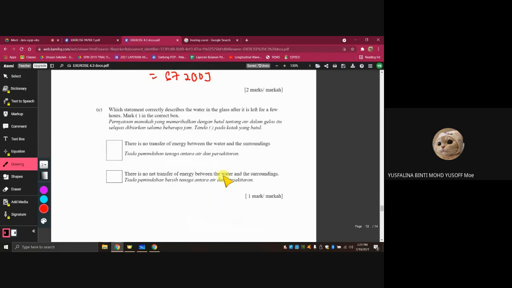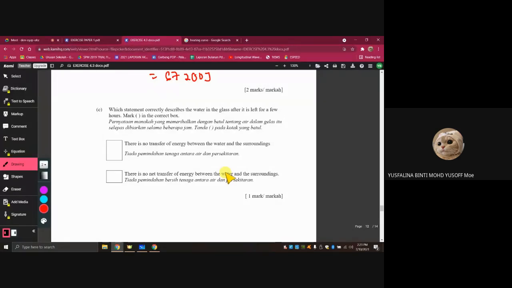And this one says which statements correctly describe the water in the glass after it's left for a few hours. So what happened at this time? After you left the glass for a few hours, it will reach what?